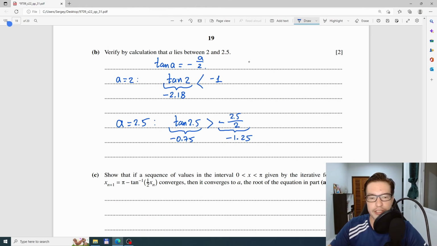And normally the standard phrase Cambridge is looking for is: change of the sign of the inequality indicates the presence of the root. So I'm just going to write it down.